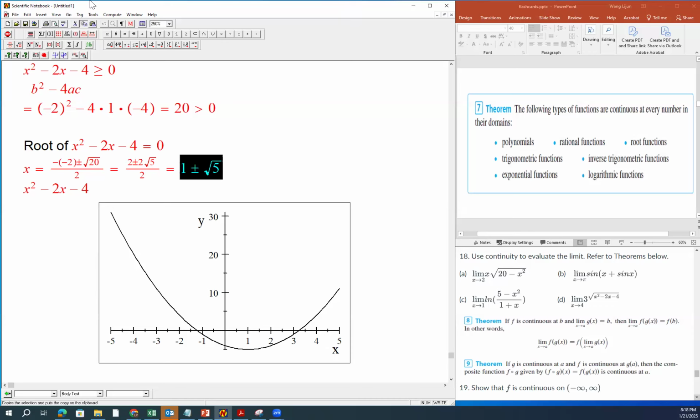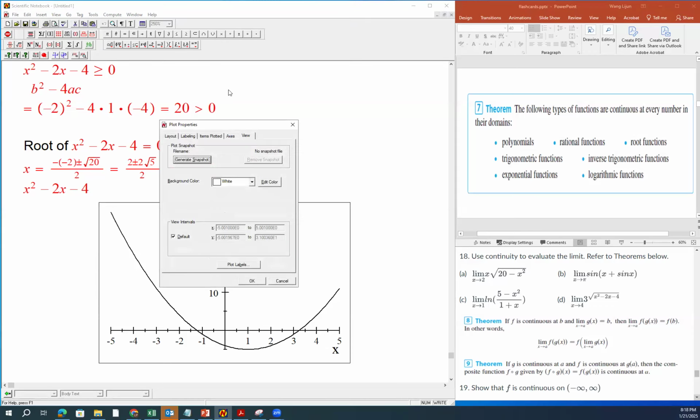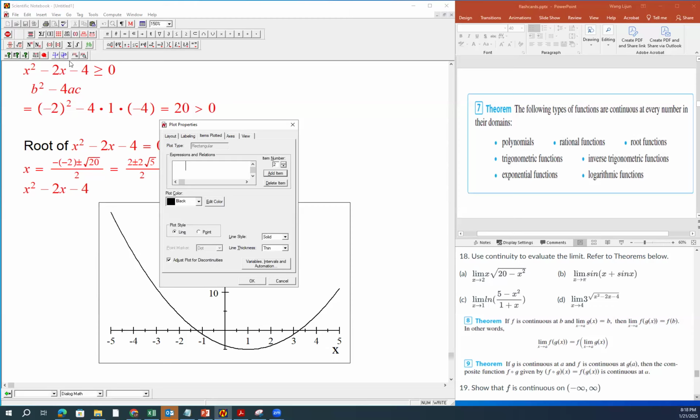I'm going to plot the dots for you: one is 1 minus root 5, comma 0, a red dot, and the other one is 1 plus root 5.